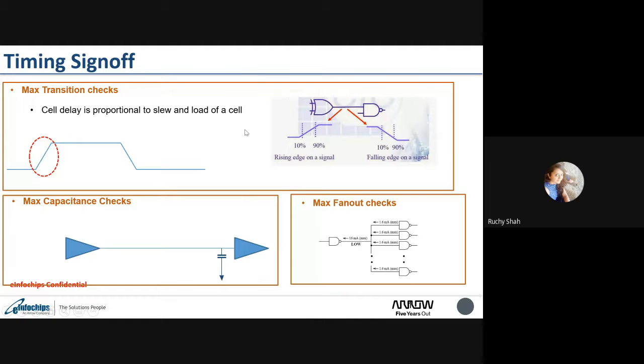That's why we need to keep our transitions within a limit. So we put the limitation in the CTS stage that we should not exceed the max trans. We have to fix the max trans violation. There are ways to fix the max trans violations. I'm not going deep inside that.